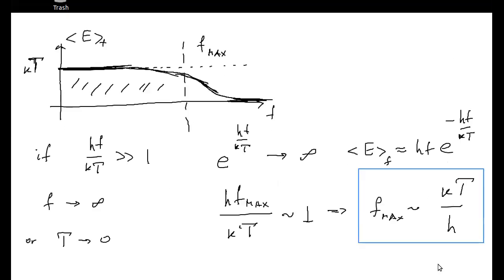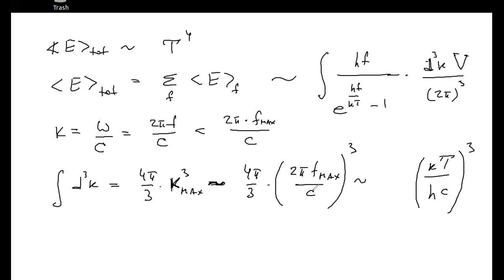Did I forget to put something? kT, h, speed of light. Okay, pi's. Let's collect all the pi's. Pi cube, pi power 4. And maybe some constants like 4 over 3 and 8. So now I can plug this in for the integration over d3k.